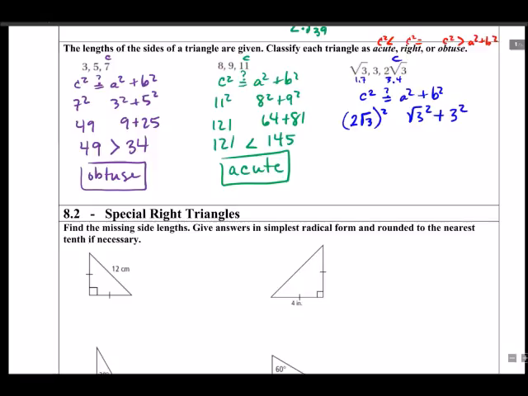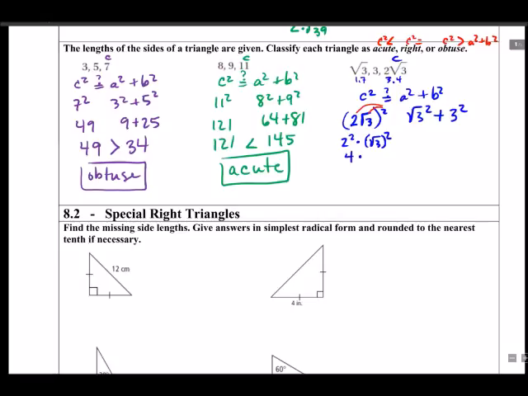So what does 2 square root 3 squared look like? Well, the square goes to everybody. Remember your exponent properties. It's almost like distributing. Everybody inside gets squared. So that's 2 squared times the square root of 3 squared. So what does that turn into?